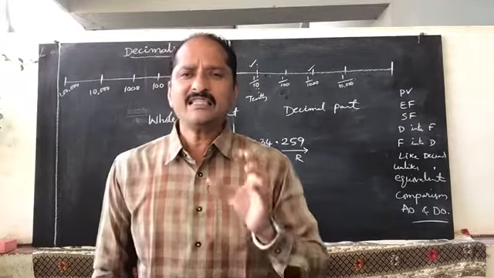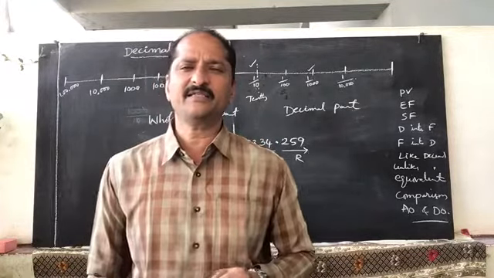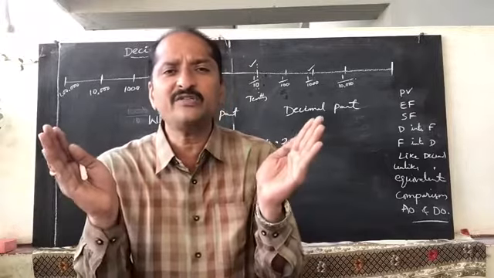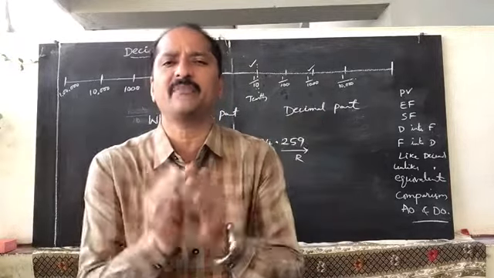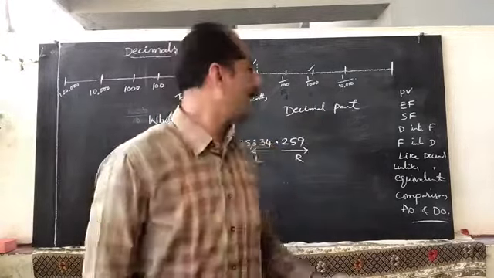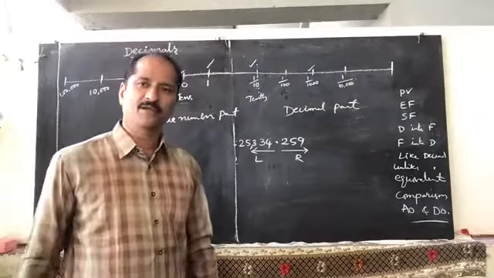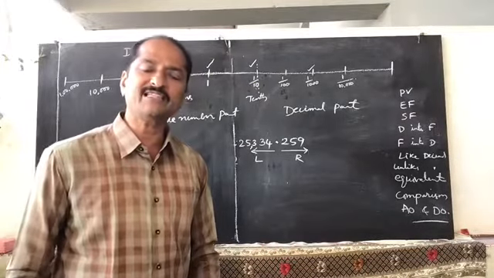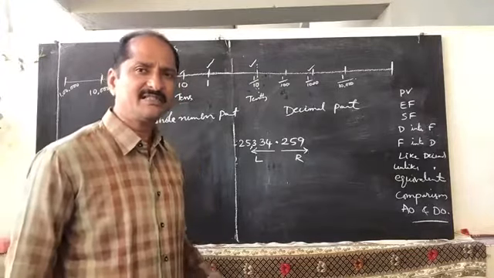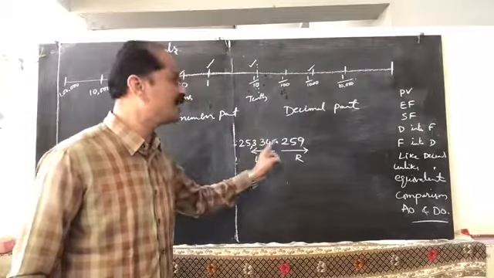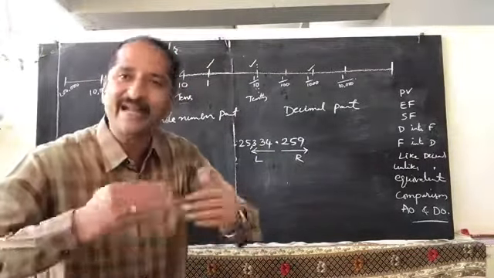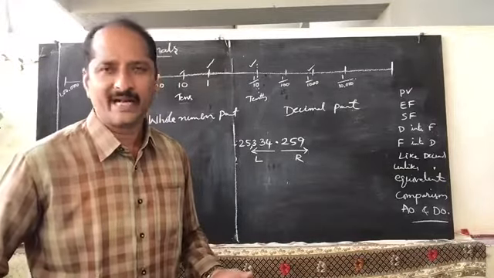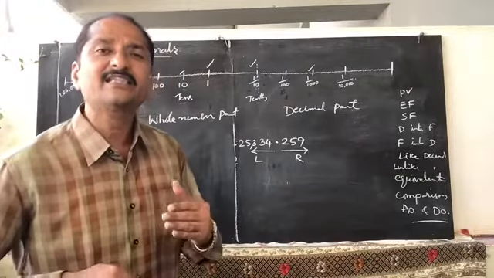And what is an expanded form? The sum of the place values of each digit of a given number is its expanded form. Now observe this carefully. First we write the place values of each digit and then add them. If you add them, you will get the expanded form also.